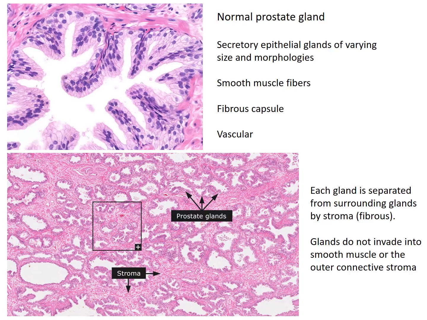In BPH, the problem is excessive growth of the epithelial glands, and excessive growth of what's referred to as the stroma, the smooth muscle. And it is the contraction and increased tone of that smooth muscle in an individual with BPH that really leads to the obstructive symptoms.